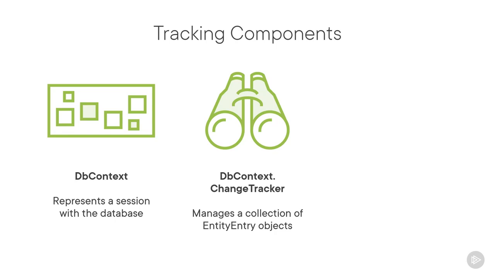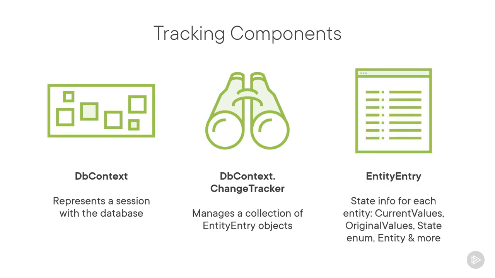I've talked about the little tracker objects already, and they're called entity entry objects. And it's the change tracker that manages them. It creates them and maintains their value. It's the entity entries that know about the state of your domain object. And in more advanced use cases, you can actually interact with those entity entry objects, but you shouldn't need much more insight into them right now.